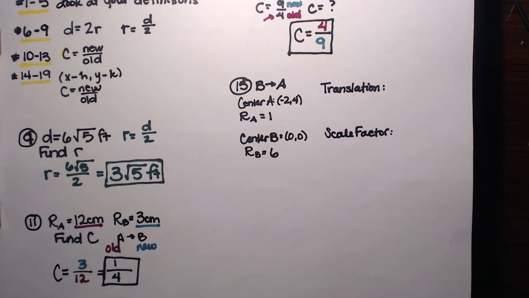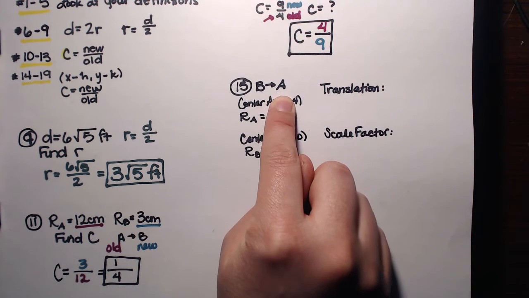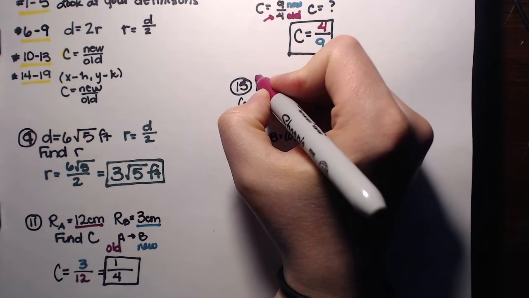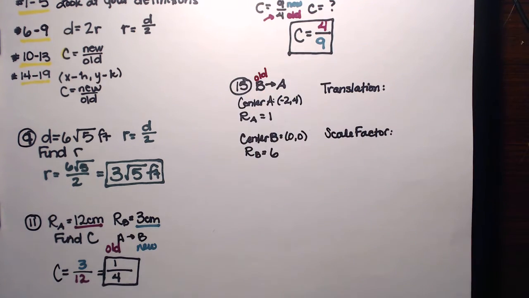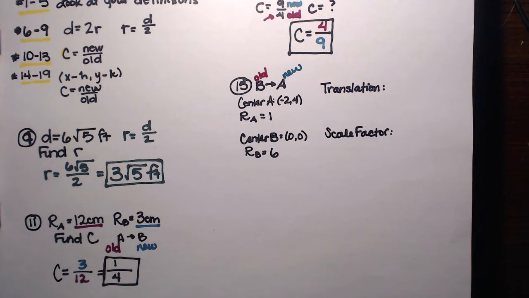One thing I need you to really pay attention to is the direction. This is saying from B to A. So in this case, our old ones are going to be those B values, and we're going to A, so those are our new values.